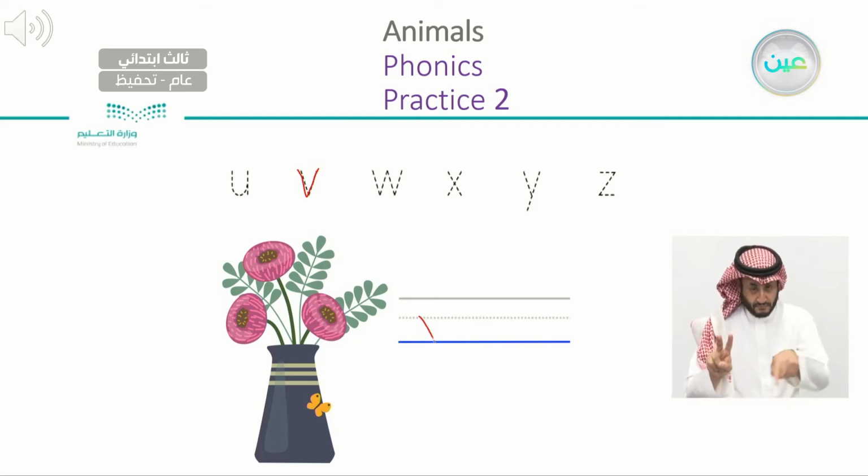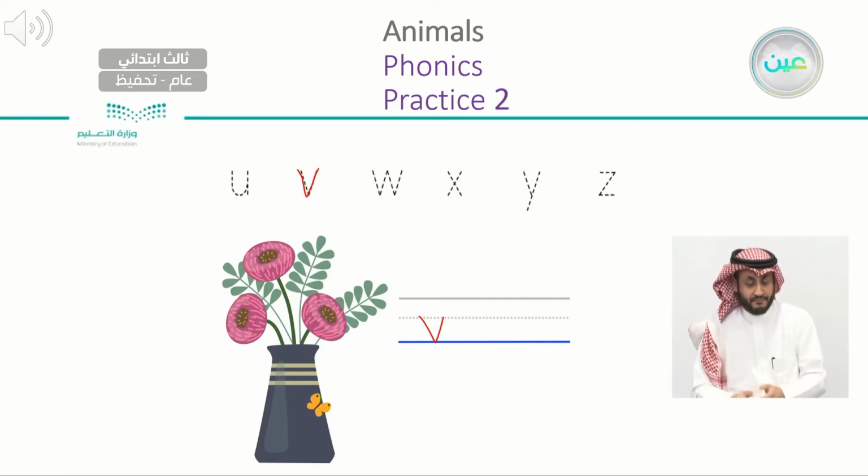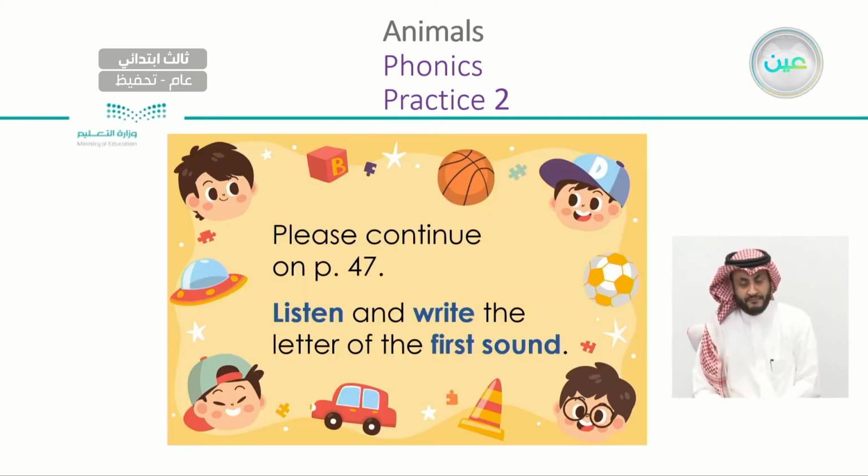The letter V. Now remember when we talked about long and short vowels? A, vase. So there's an A, and then there's an S. But because now the A is long, what do we add in the end? Vase. We add an E. Excellent.